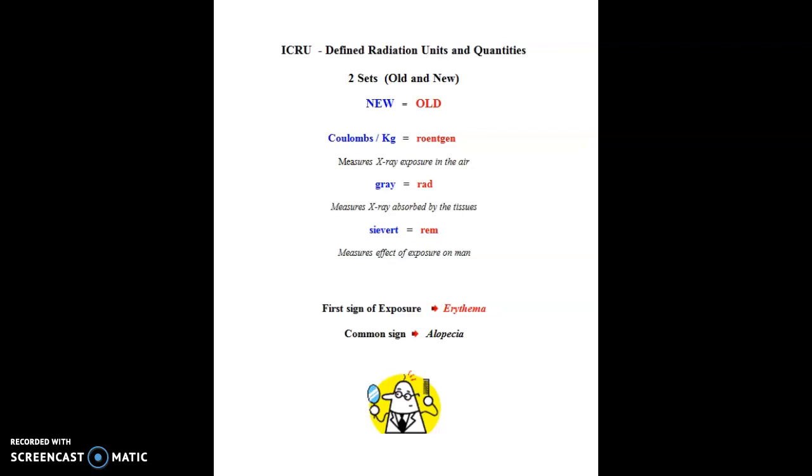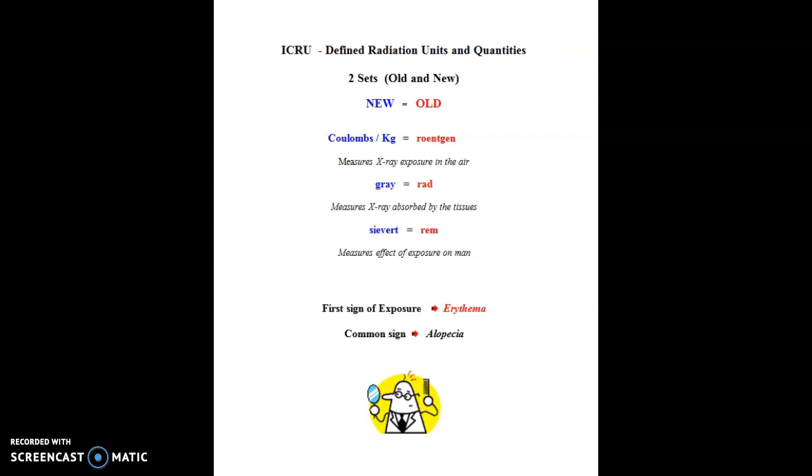So Roentgen or coulombs per kilogram would be the terminology you would use if you were measuring exposure in the air. If you were talking about how much radiation a person or a certain tissue absorbed, so absorption by the tissues, you would refer to those as either gray or rad.